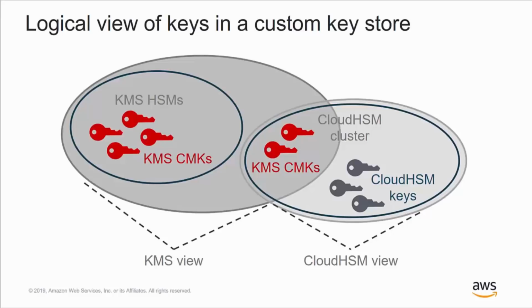So you essentially get two perspectives on these different key domains. The intersection of the CloudHSM perspective and the KMS perspective are your KMS custom master keys, CMKs, that are stored in your CloudHSM cluster.